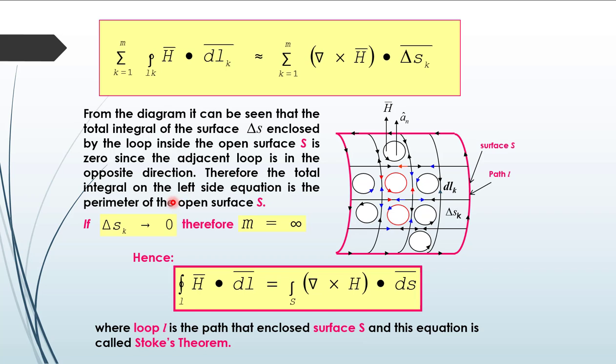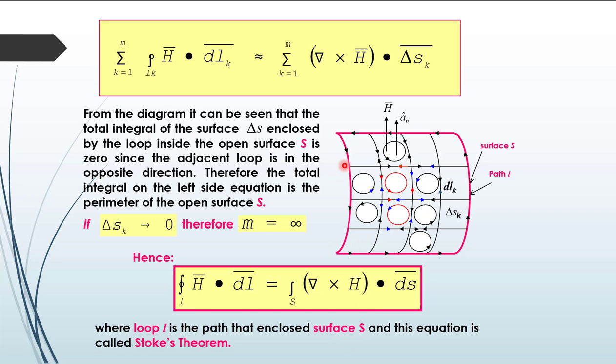Therefore, the total integral on the left side of the equation is over the perimeter of the open surface S. We are left with only the outer length of this area, which is nothing but the perimeter of this surface. Hence we can write the closed integration of H dot dl for path L is equal to del cross H dot ds, where loop L is the path that encloses surface S.